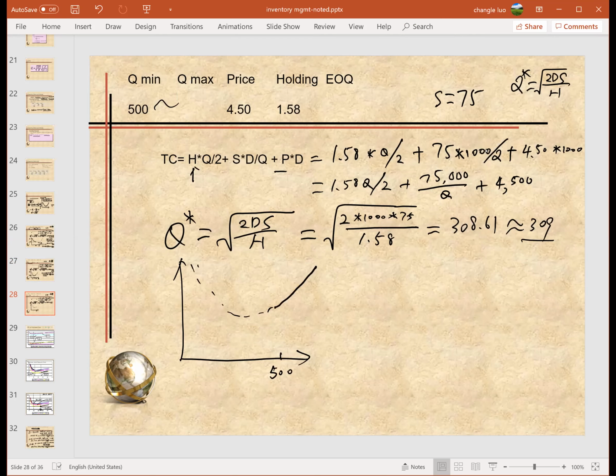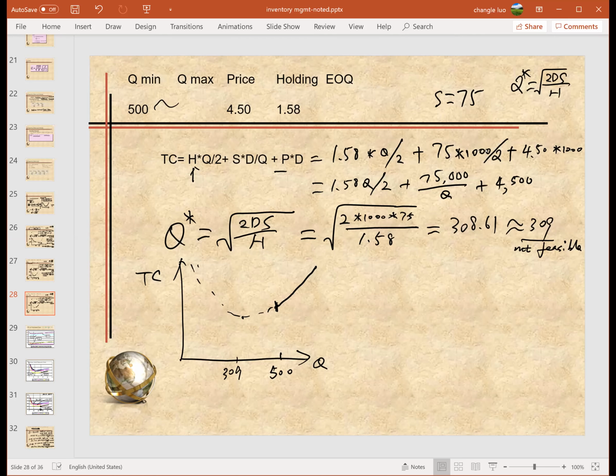Only after 500, it becomes a solid. It becomes real. Before 500, it's not feasible. Now, however, according to our calculation, our Q star wanted to be somewhere at the 309. 309 is not feasible. Okay, and we know that the minimal is the 309.